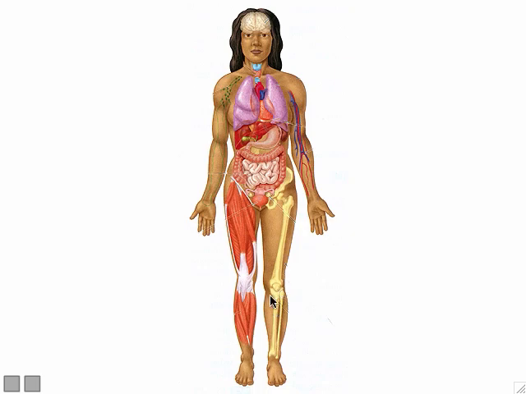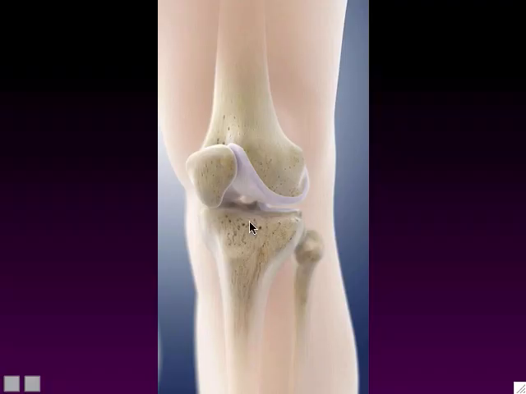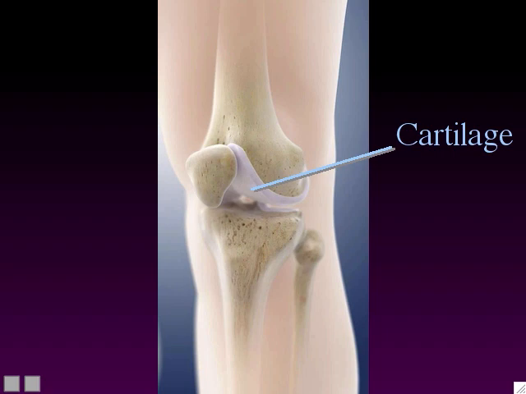Matter of fact, let's have a close-up of the knee joint. Here it is right there. There's one of the bones of the knee joint, and here are some other bones. And you see this material right here between the bones. So that is cartilage. And so yeah, that's one of the functions of cartilage. It provides rubbery protective cushioning surfaces between some of the joints where the bones meet each other in the body.